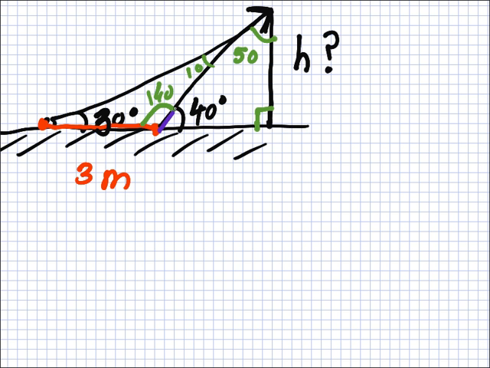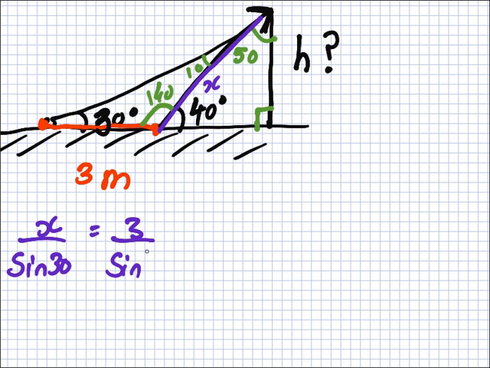Now, let me look at the triangle on the left. Let me call this side X, and let me use the sine rule. You say X over the sine of the angle which is opposite X. Which angle is opposite X? 30. Equals 3 over sine of the angle opposite 3, which is 10.